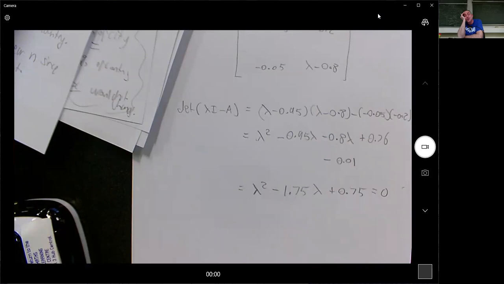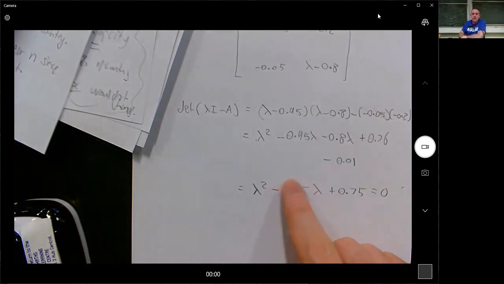They're my choices. So if I was going to factorize it, I would need two numbers that add to give, well, technically add to give minus 1.75, that also multiply to give 0.75. Oh, well, 1 and 0.75 will do it. Because 1 plus 0.75 is 1.75, and 1 times 0.75 is 0.75. So yes.